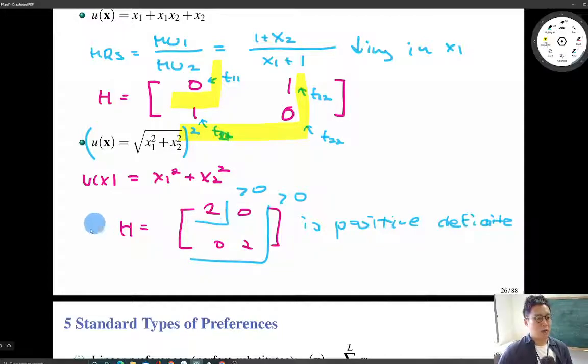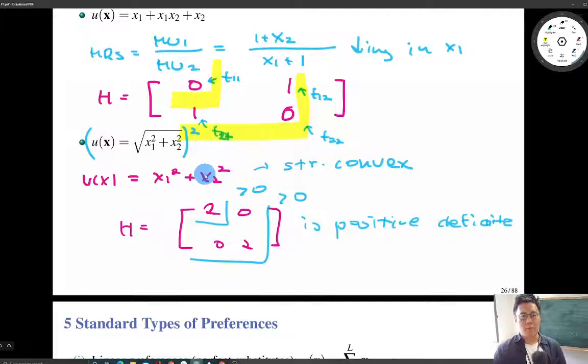If every principal minor remains positive, then we say that the Hessian matrix is positive definite. So its implication is that the function is strictly convex.